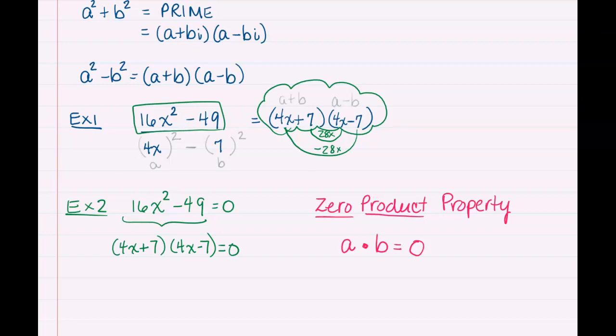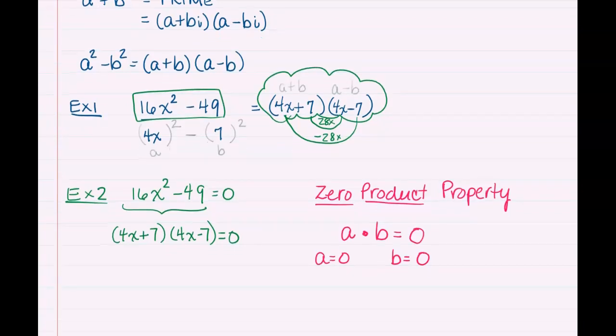And if it's 0, this is why it's called the zero product property, it says if you have these two things being multiplied and they equal 0, then one of them has to equal 0. I don't know which one, maybe both of them do, but at least one of them has to be 0. So we're going to use this thought so that we can solve our problem over here.